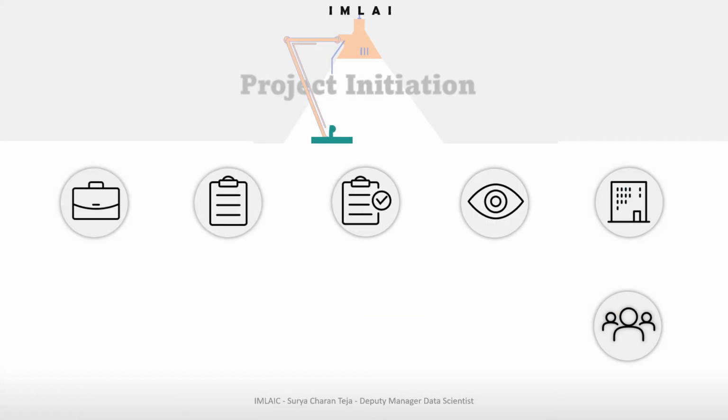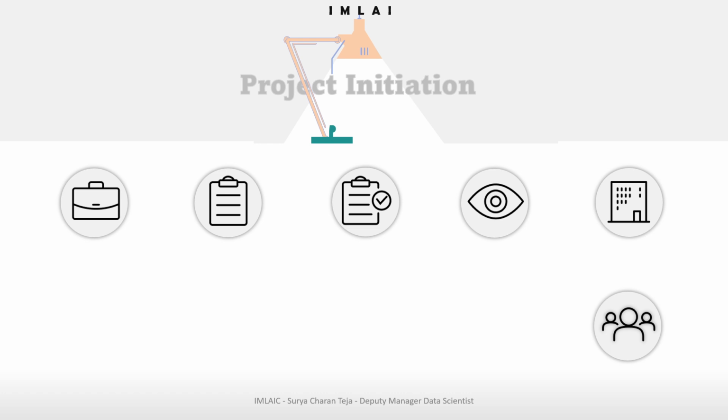Before the first phase that we see is project initiation. So let's understand the software development life cycle stages one by one. Let's delve into each stage so that we can get more clarity on what it is.